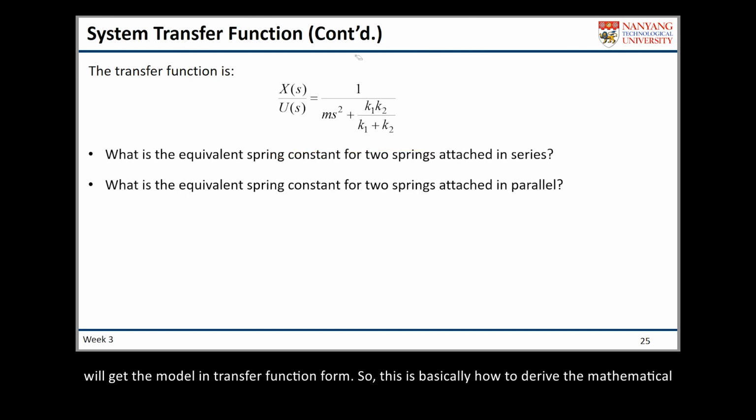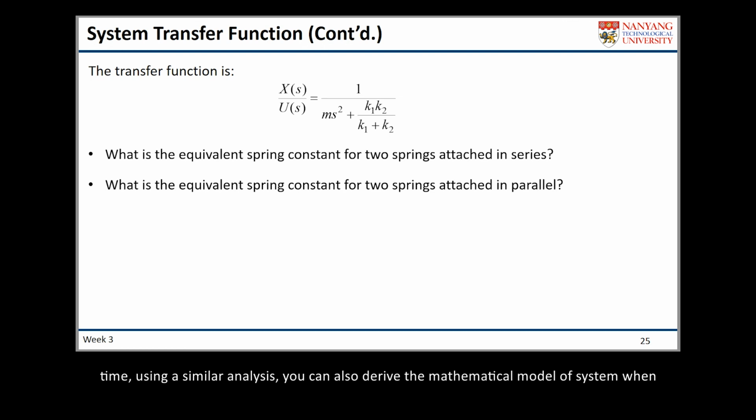So this is basically how to derive the mathematical model from a mechanical system, for a complex mechanical system. What we did just now, we modeled a system supported by two serial springs.